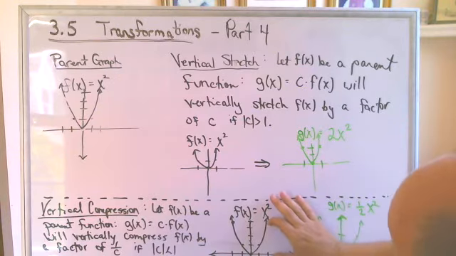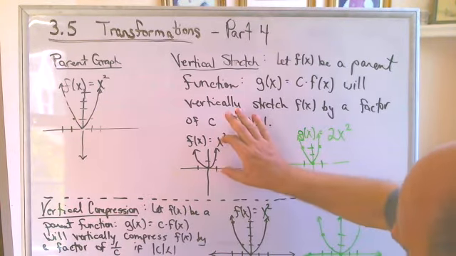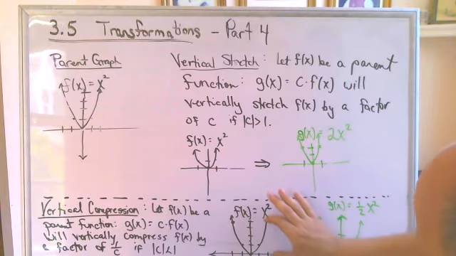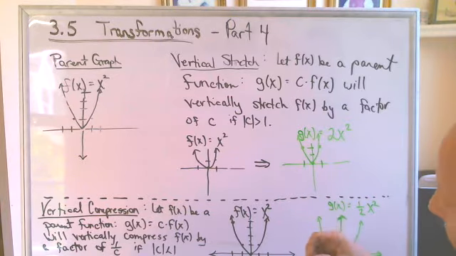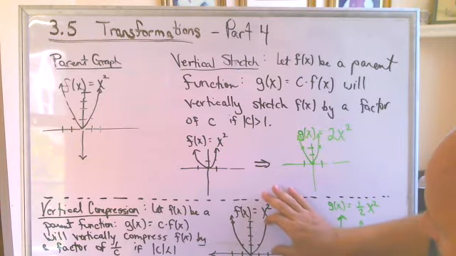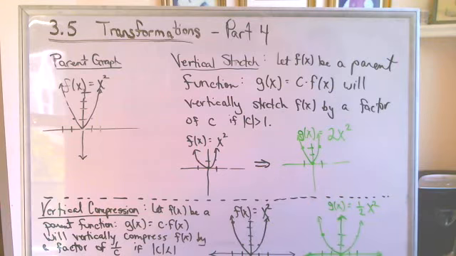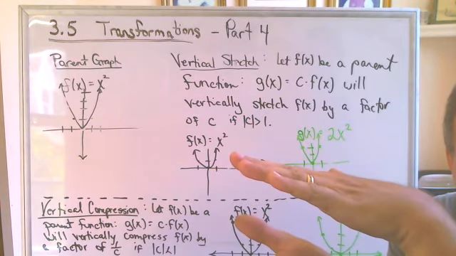This one here was 4; remember this one went 4, 8. This one's going to go 4, 2. It compresses it by a factor of 1/2. Basically, it's going to take the y coordinate and take half of it. So if the y coordinate is 4, it becomes 2. When you do it, it makes a distorted graph. It makes it look stubby.